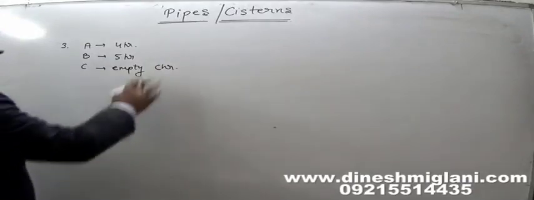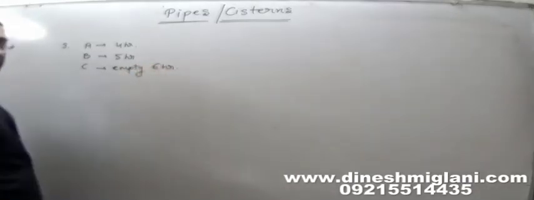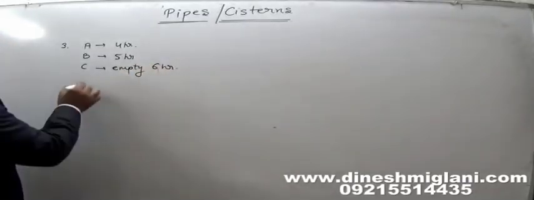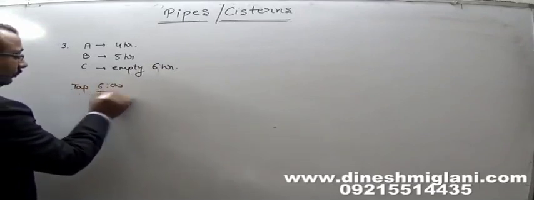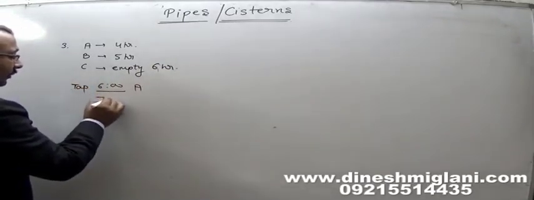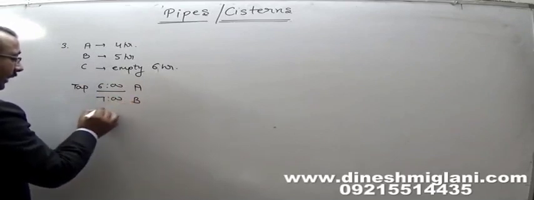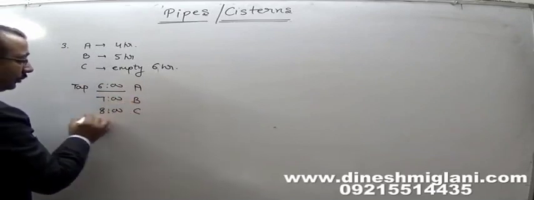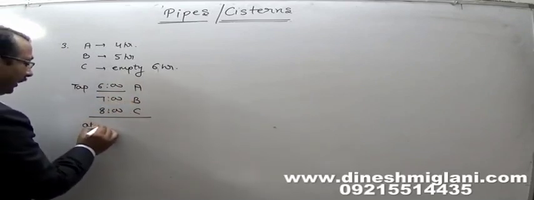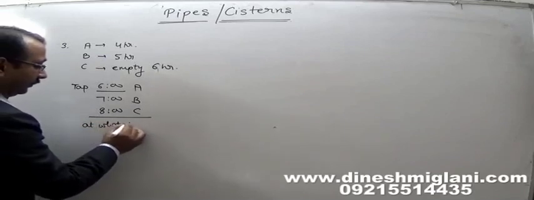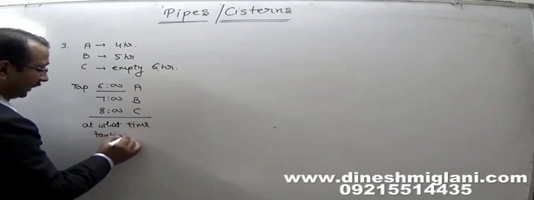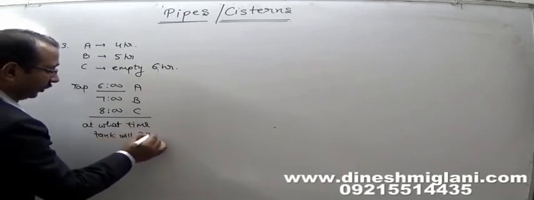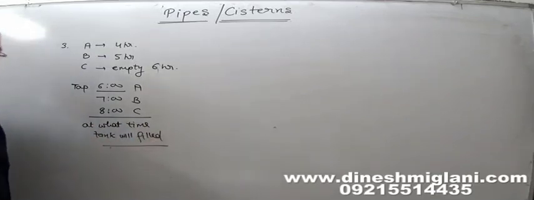It's given that tap A was opened at 6 o'clock. At 7 o'clock tap B was opened, at 8 o'clock tap C was opened. Question is, at what time will the tank be filled? We have to find the exact timing when the tank would totally be filled, right?